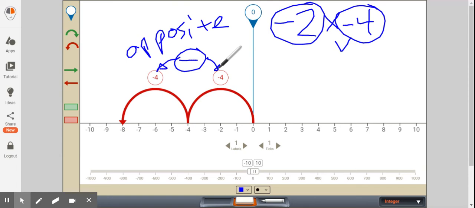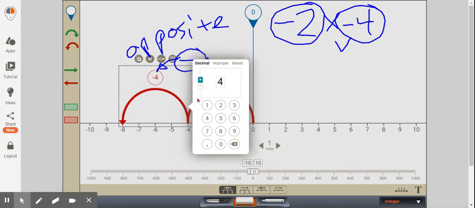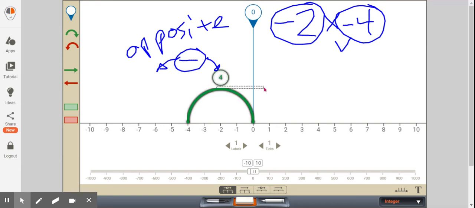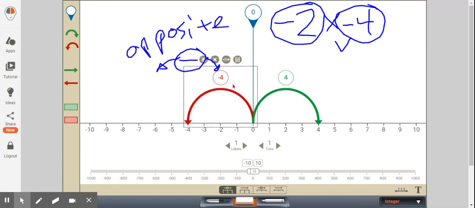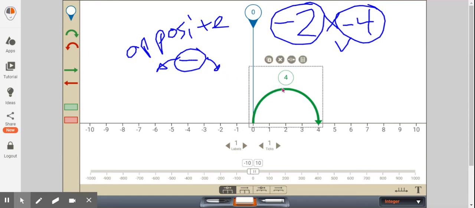Class, what's the opposite of 8 negatives? Positive 8. So what this is really saying is if you have double negatives, the opposite of negatives, when you see that, we're just going to switch it. And what it's really saying is we have positive 8.